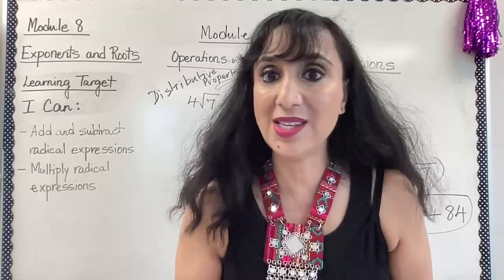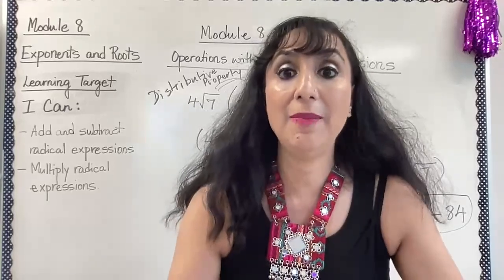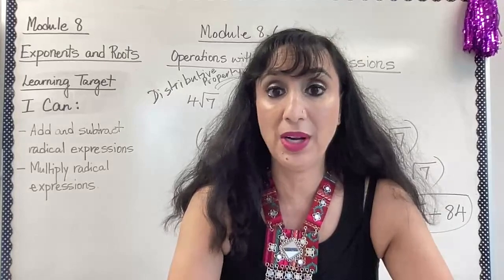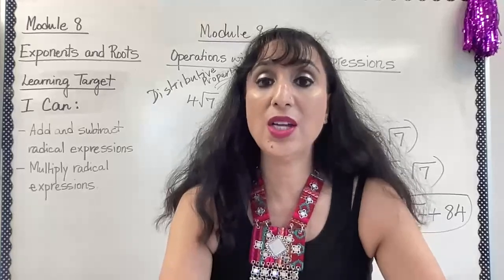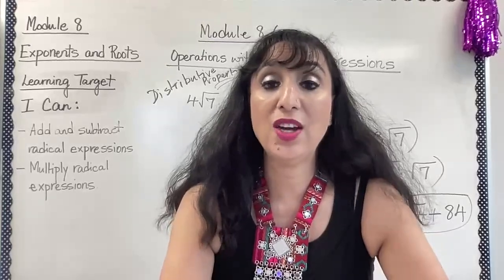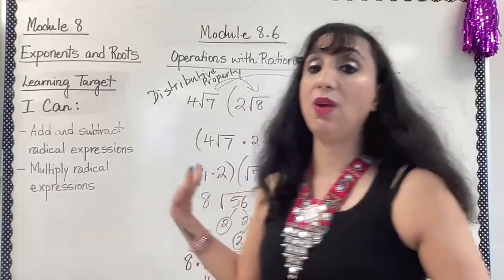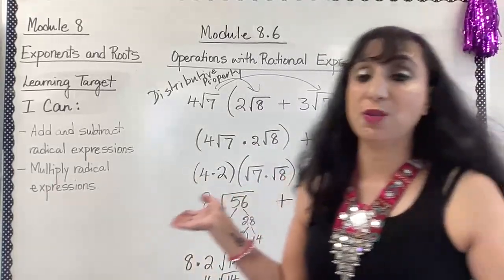It's exactly the same thing because that is the distributive property. First, outer, inner, last, and that's what you're using to multiply, just like you did with binomials. The same thing applies when you are doing rational expressions.